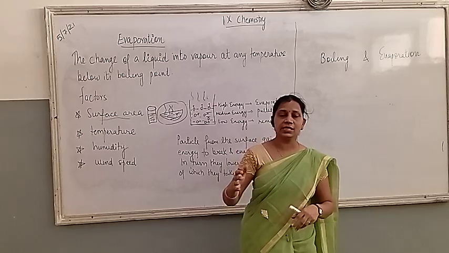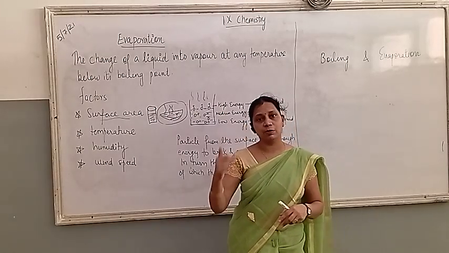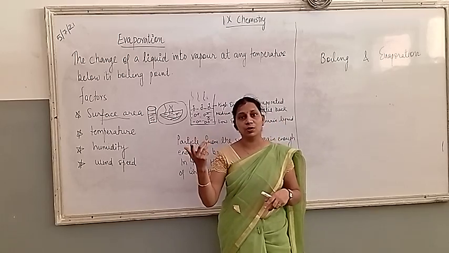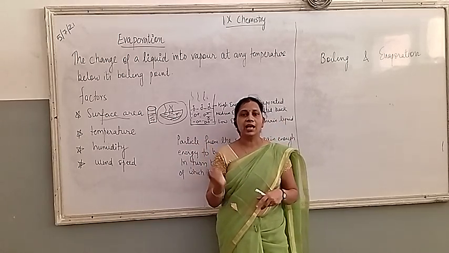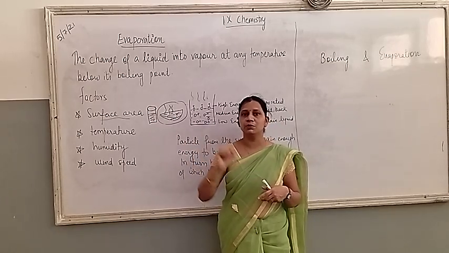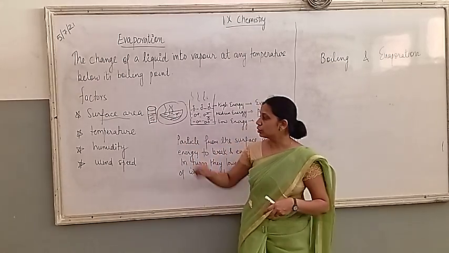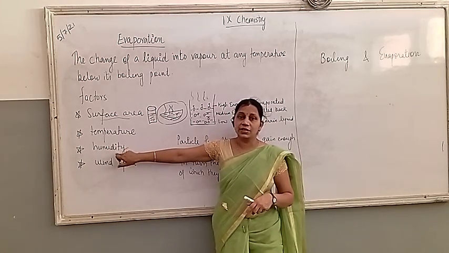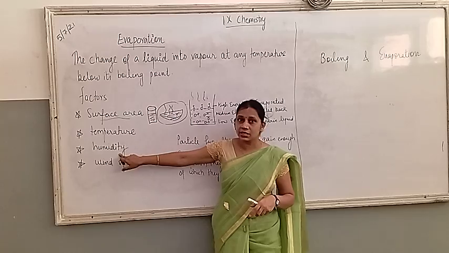So during humid days, when water vapor content is high in the environment, a cooler is not going to work effectively. And this is not the case with AC, because AC works on very different principles. So if there is an increase in humidity, because there is already water vapor in the environment, the rate of evaporation will decrease.